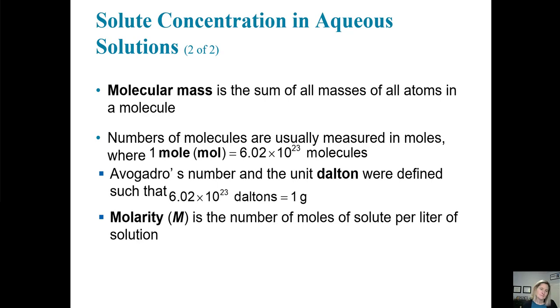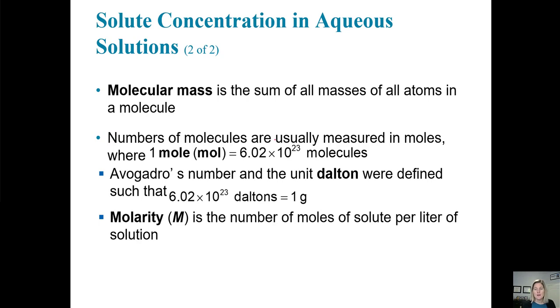So let's go back to our table salt example. I can't remember off the top of my head, but it's sodium and chlorine put together. So if we have one atom of sodium plus one atom of chlorine, we're going to get the molecular mass, the sum of all the masses of the atoms.